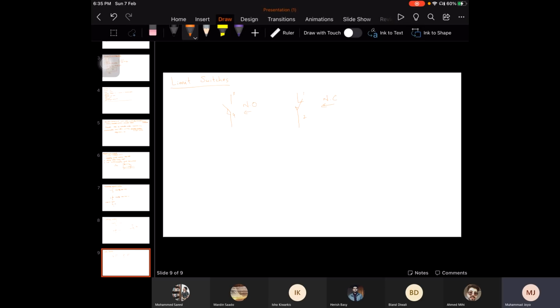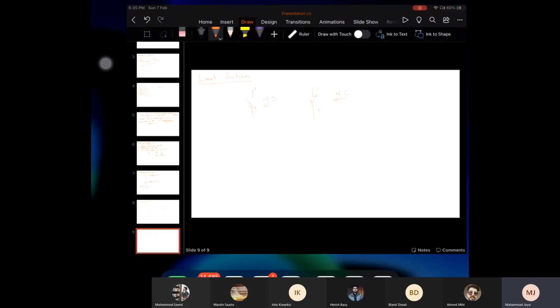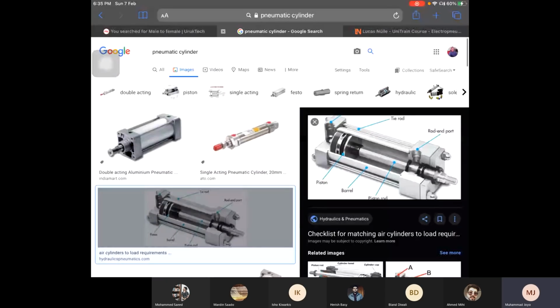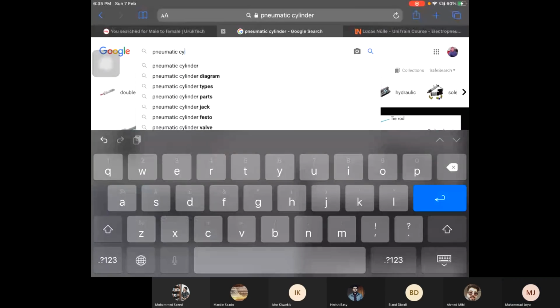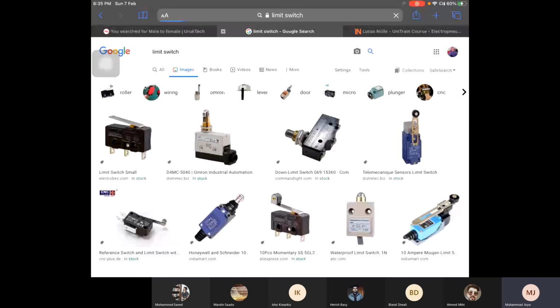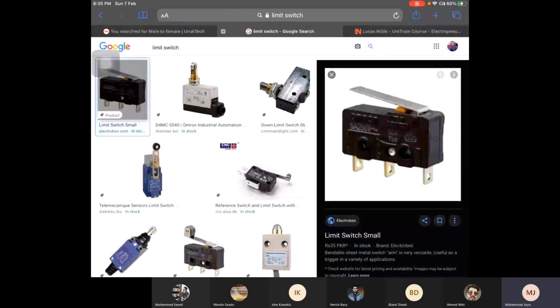Let me show you some examples of switches and push buttons that will be used in electro-pneumatic systems. So this is the limit switch. Okay, this is what I made before as well.